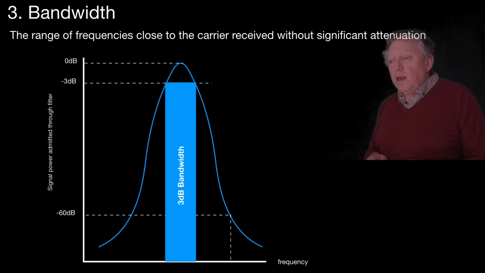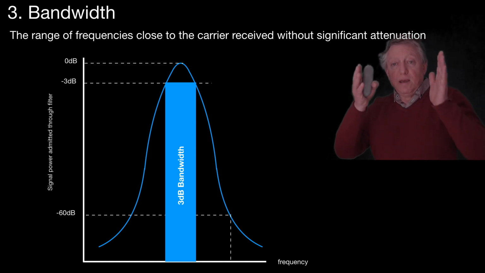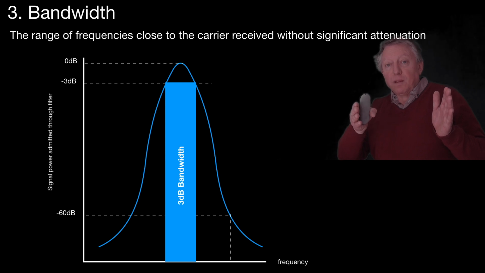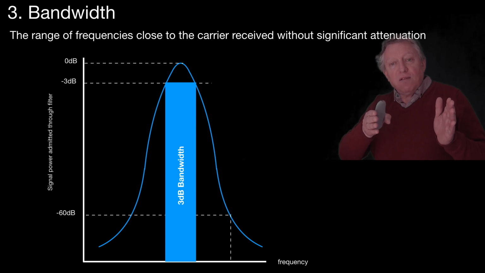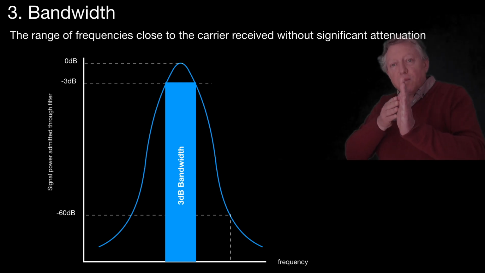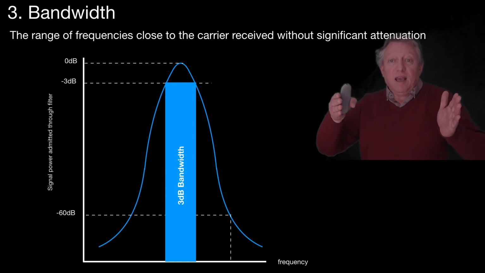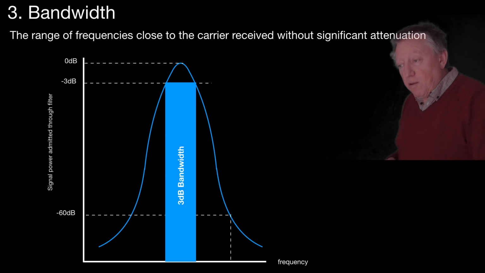And the bandwidth is the entire, it's minus from the center frequency and plus, so it's the complete bandwidth of the signal coming in. Remember that for selectivity it was from the center frequency to where you got the 60 dB attenuation, but bandwidth is either side of the center frequency.